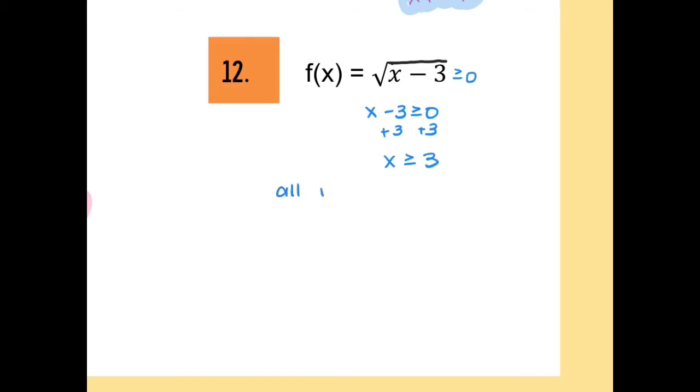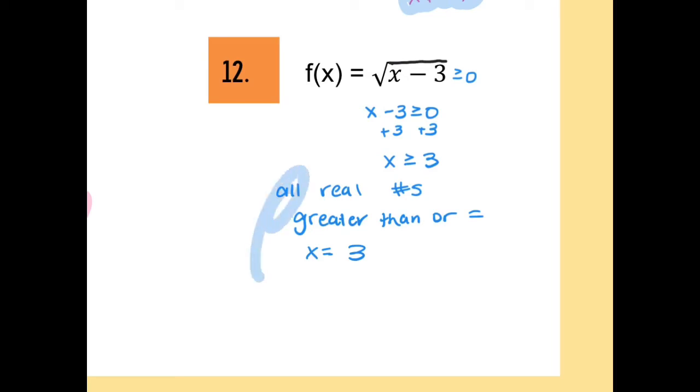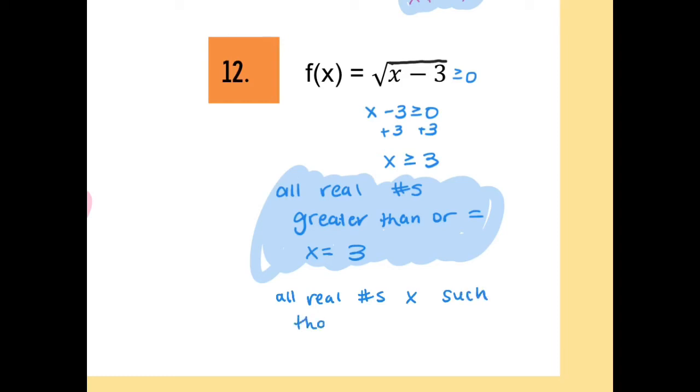So all real numbers greater than or equal to x equals 3. The wording on WebAssign there is actually all real numbers, x such that x is greater than or equal to 3.